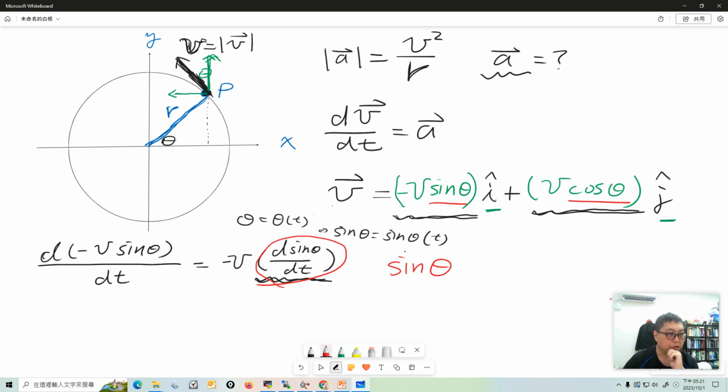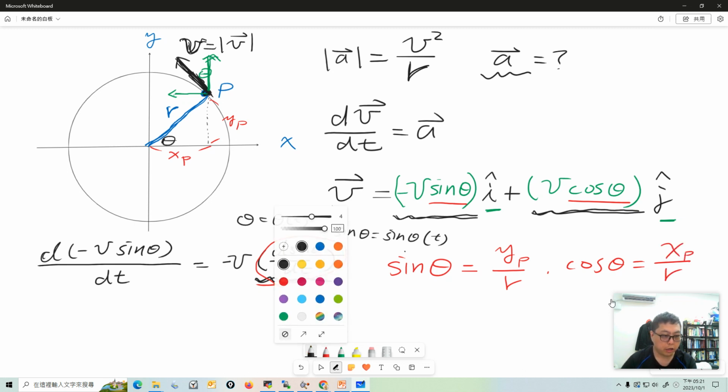Since the position is here, let's say this is yp, the y component, and in Cartesian coordinates this is xp. We transform sine theta to yp over r, and cosine theta to xp over r.